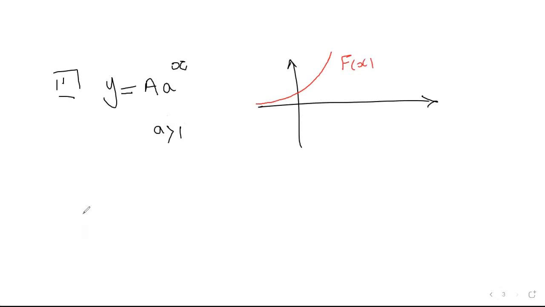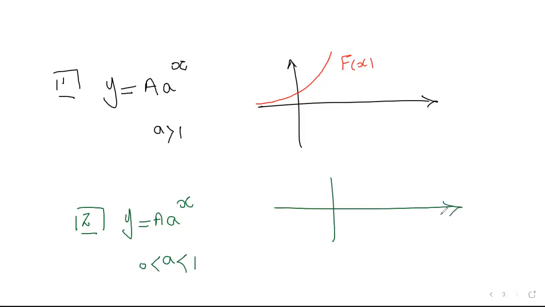For scenario 2, we said that if the same exponential function, but the base, although we know that this is positive, greater than 0, is at the same time less than 1. In this case, we said that this function is typically represented like this.